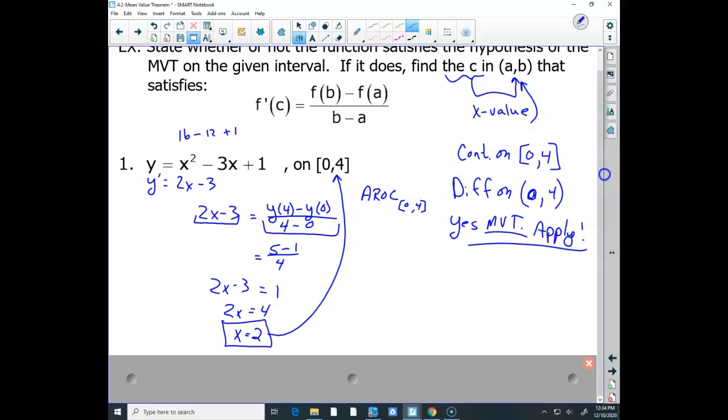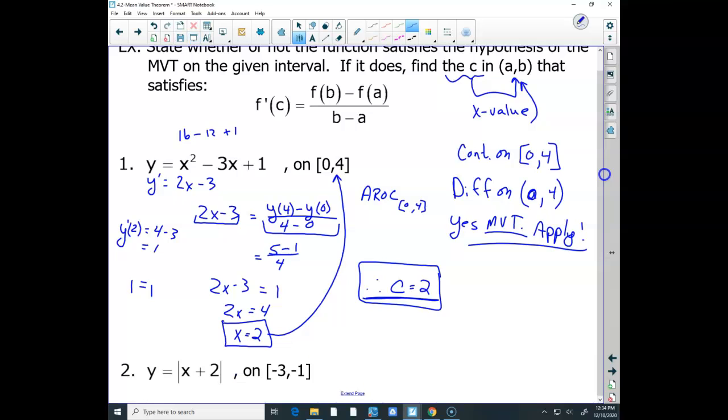Why, yes, 2 is between there. Therefore c equals 2. Because if I came back here and asked what is y prime of 2, it's 4 minus 3, which equals 1. The instantaneous rate of change equals the average rate of change at point c, which is really an x value at x equals 2. That is the mean value theorem, and it's really kind of a nice theorem. It's not very mean, just so you know.